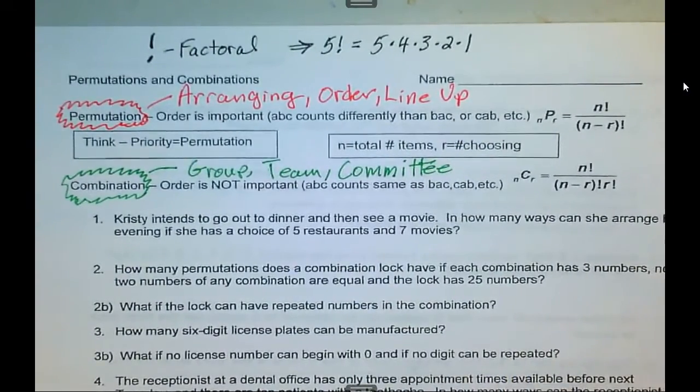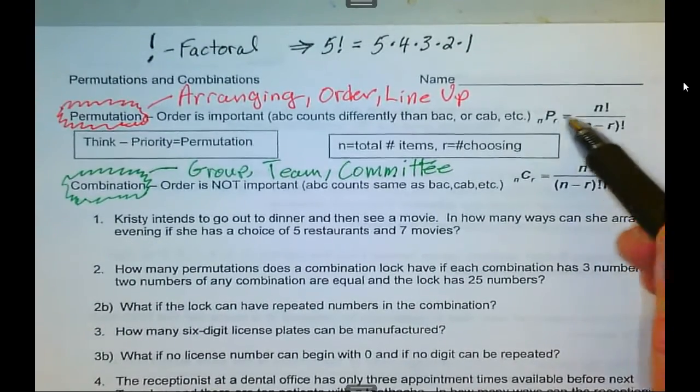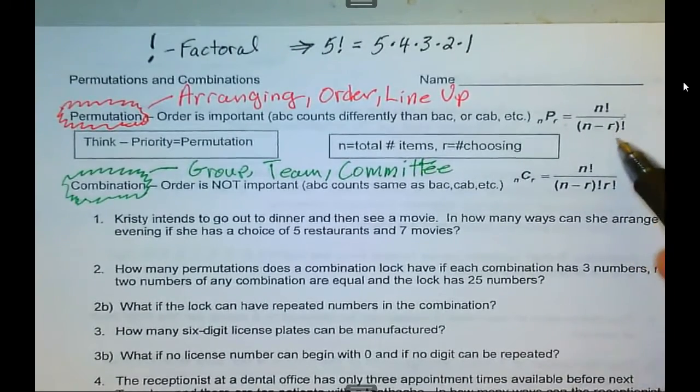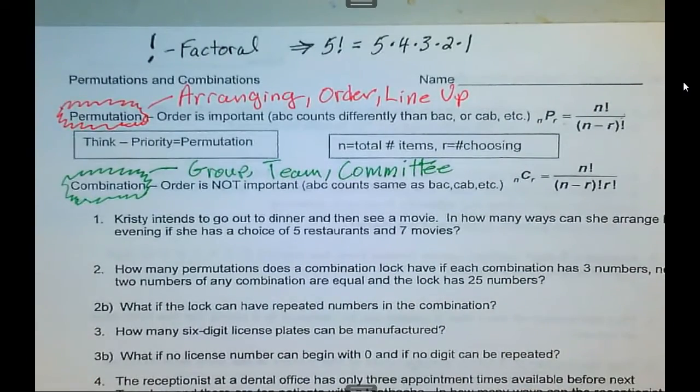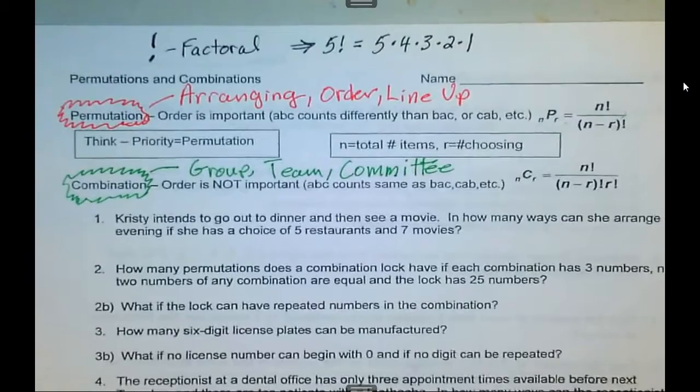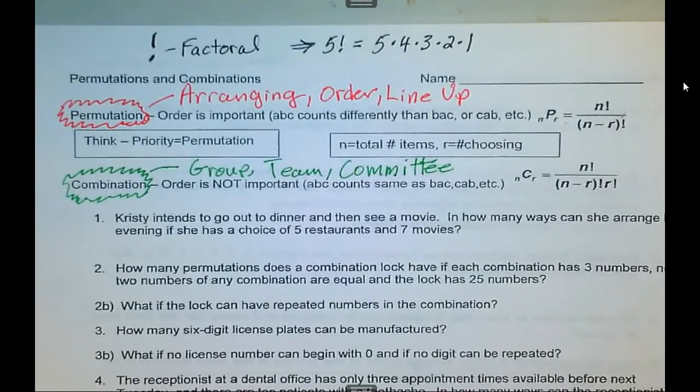The formula for permutations is n factorial divided by the quantity n minus r, r being the number of actions.